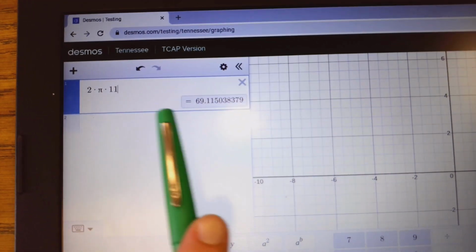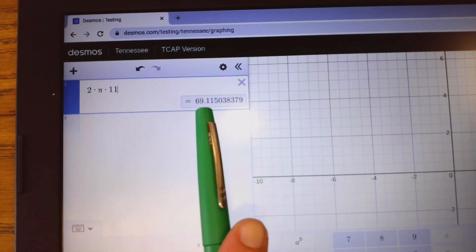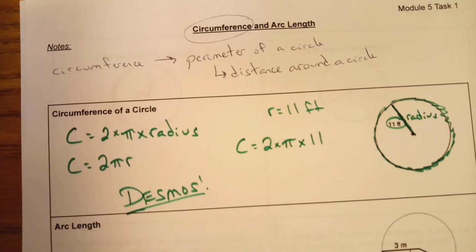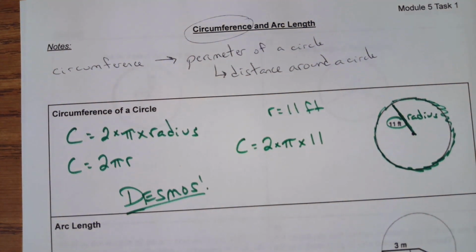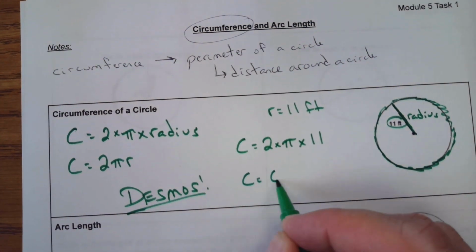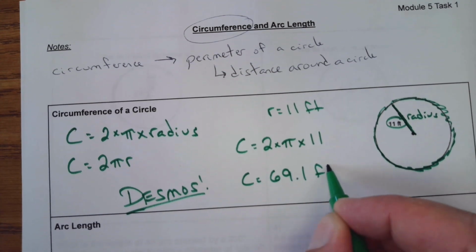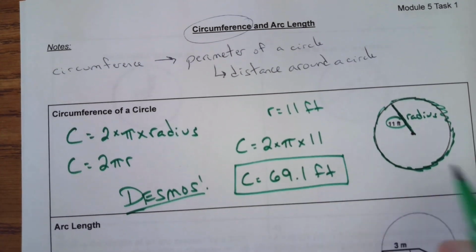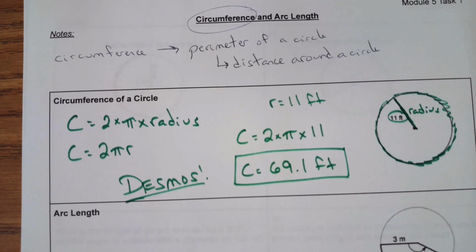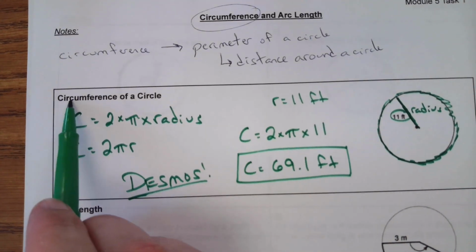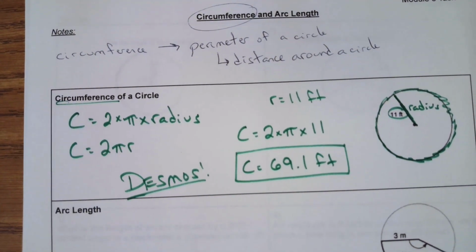So I come up here, so 2 times pi times 11 is 69.1. So I come here, and I'm going to say that circumference is equal to 69.1 feet. Okay, so that's for doing the circumference of a circle.